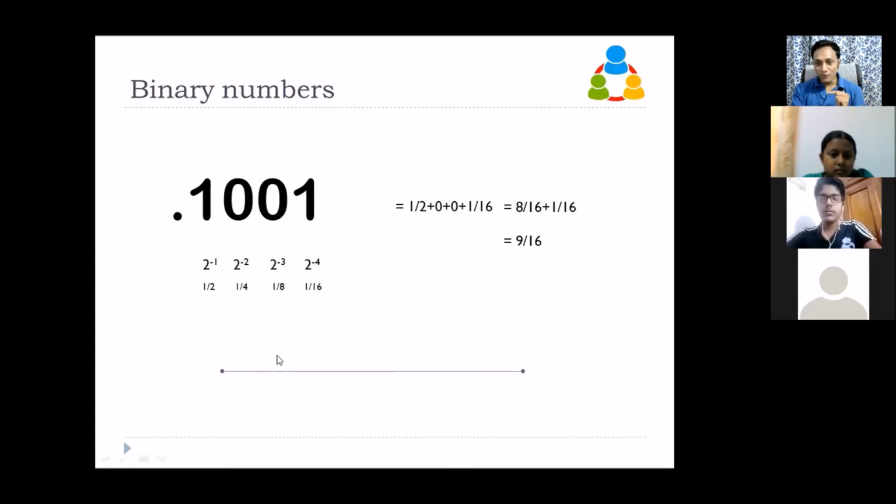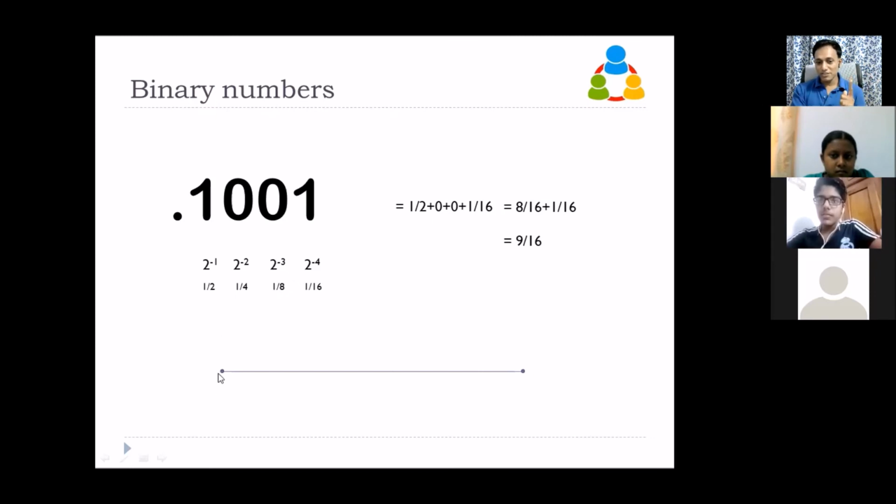Now let us assume this is 0 and 1. So this is 0 point something. First division is what? First division is 1 by 2. Normally, in our decimal system, how many pieces do we divide this into?